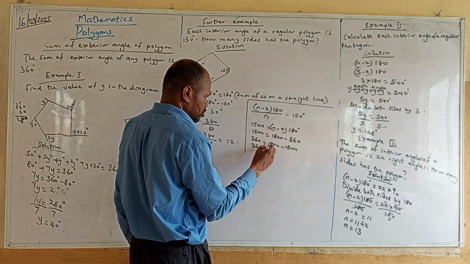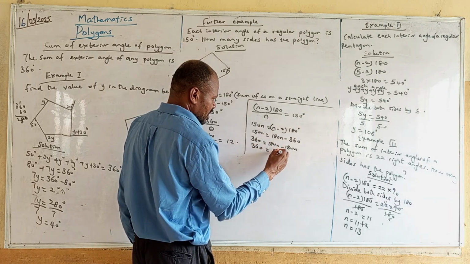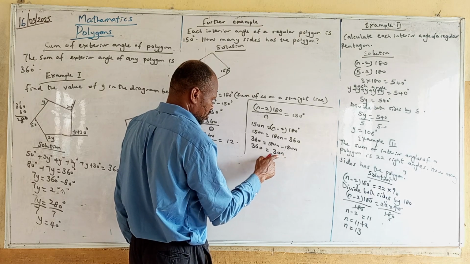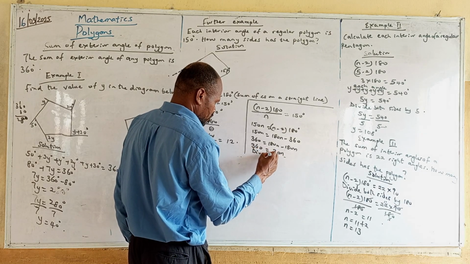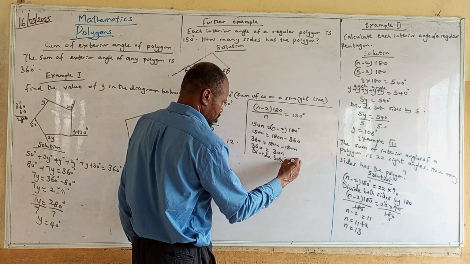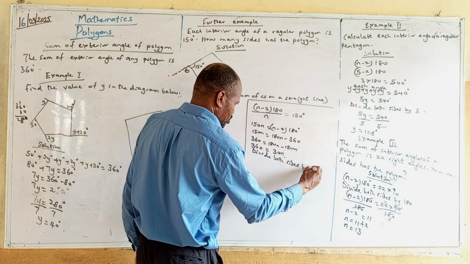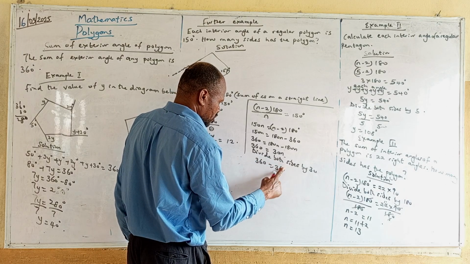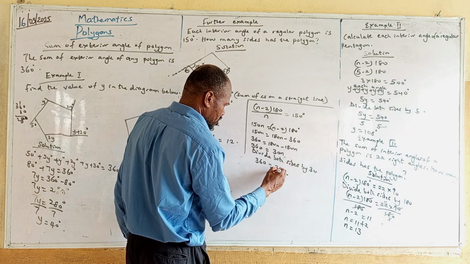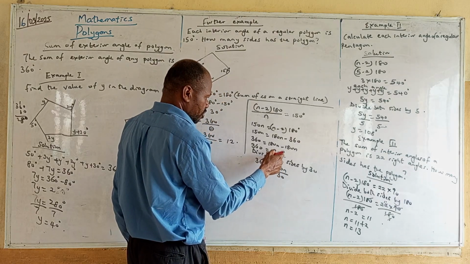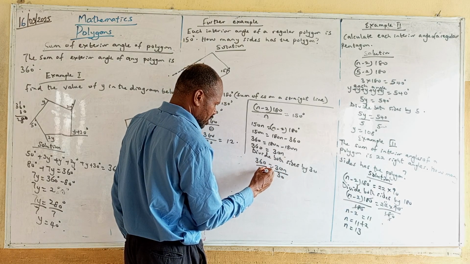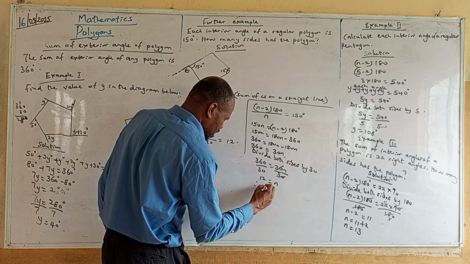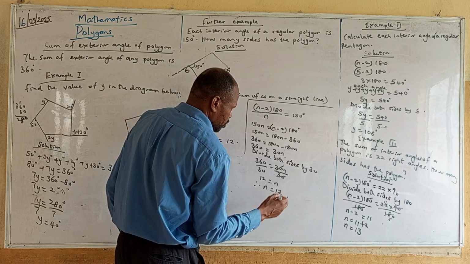So 360 equals 30n. Then divide both sides by 30, the coefficient of n. That's why we're dividing by 30. So 12 equals n. Therefore, our n equals 12.